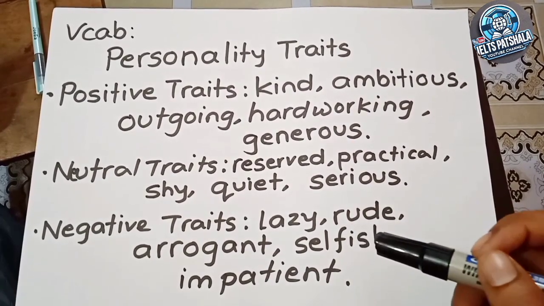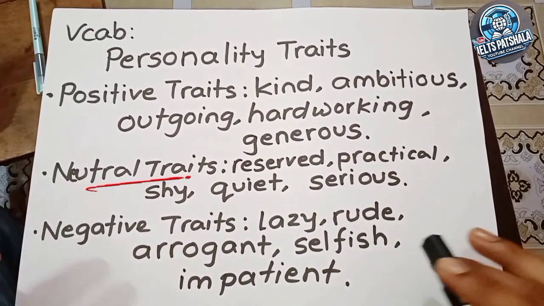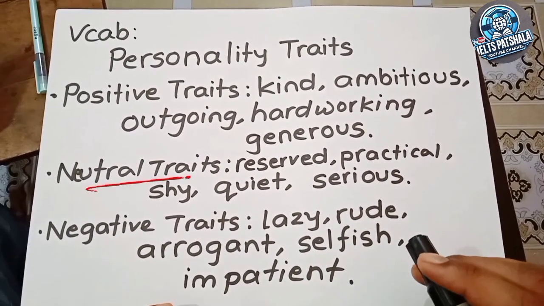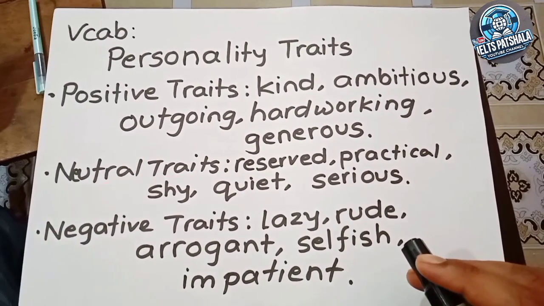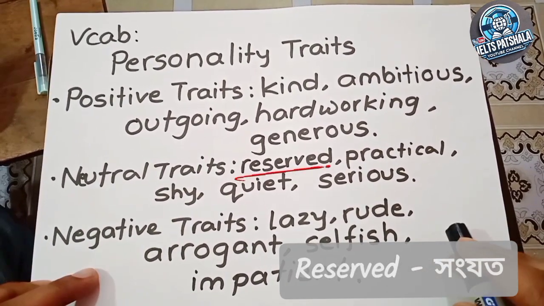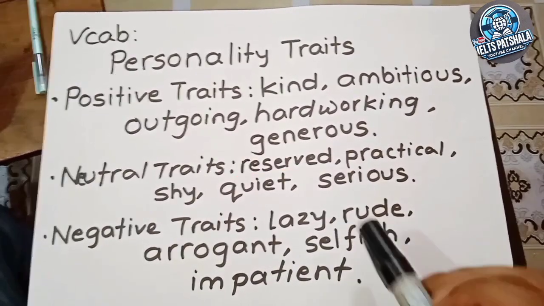Now let's look at neutral traits. These depend on context and are not necessarily good or bad. Reserved means someone who is quiet and keeps their feelings private.